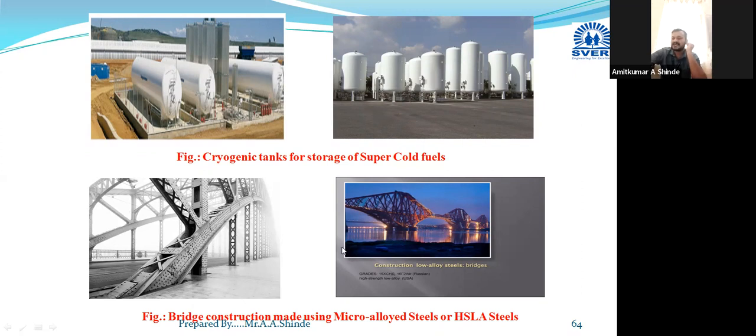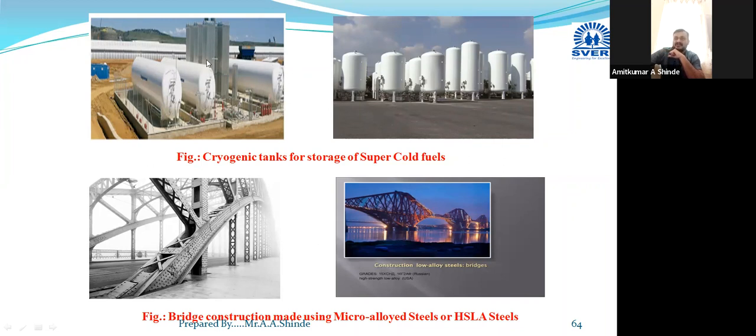These are also known as micro alloyed steels because the percentage of other alloying elements is very low. Manganese is up to 2%, and other alloying elements are less than 0.5% combined. That's why it is termed as micro alloyed steels. HSLA steels, also known as weathering steels, are used for manufacturing of these bridges without any painting or coating.